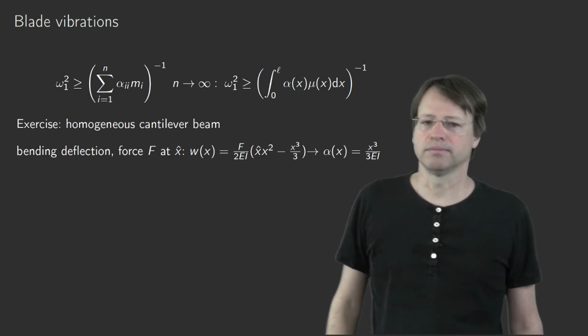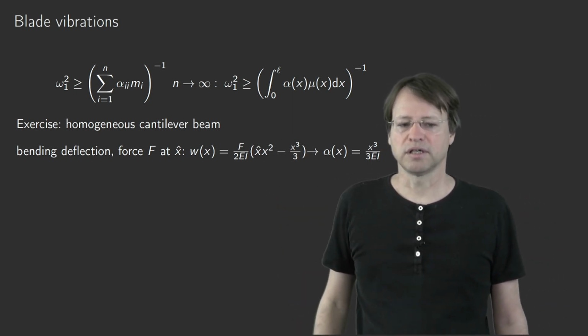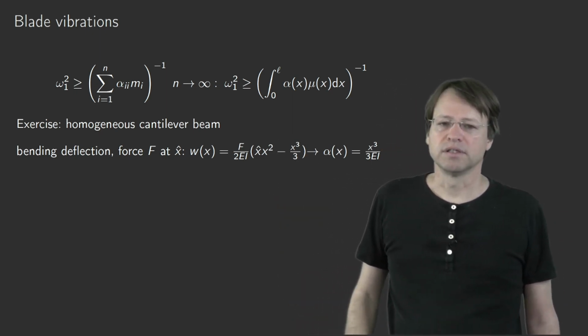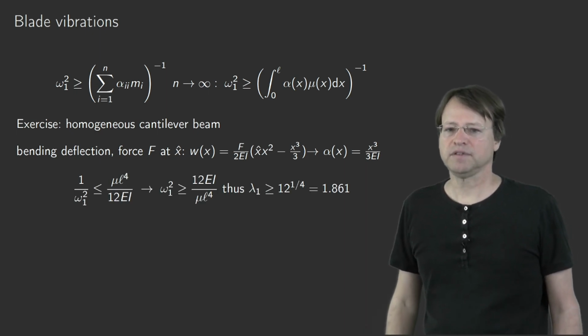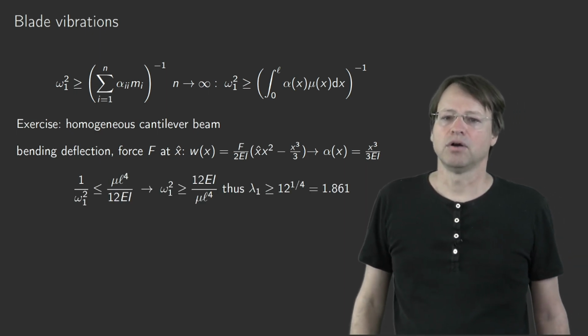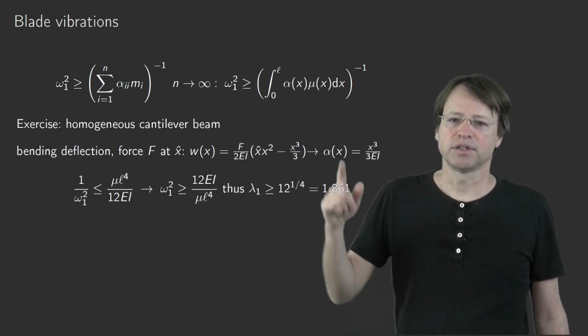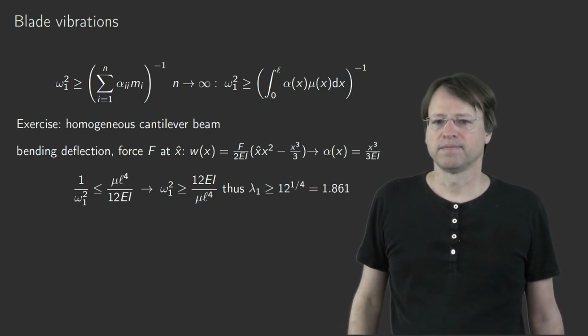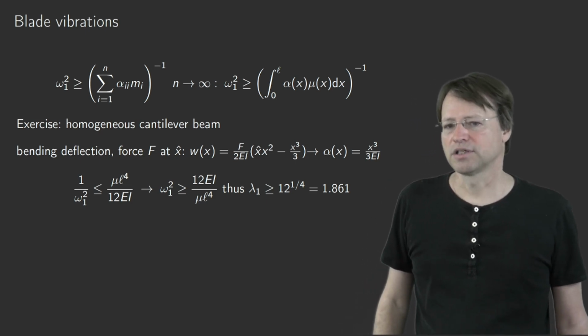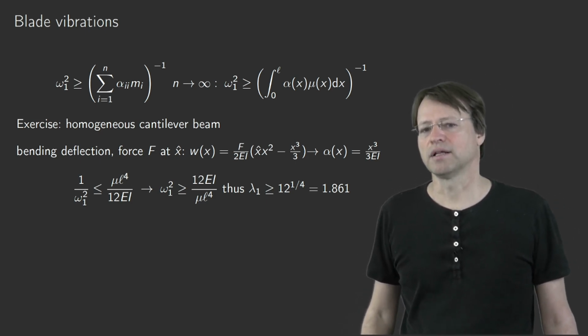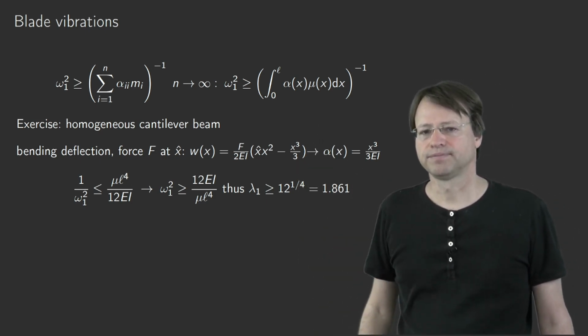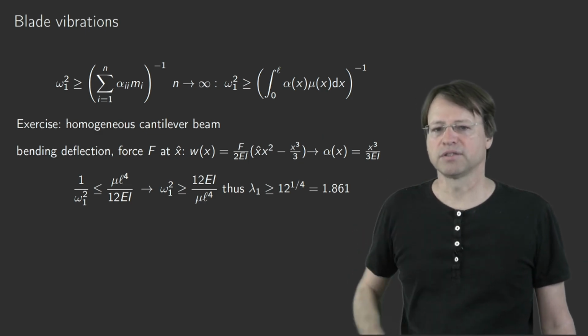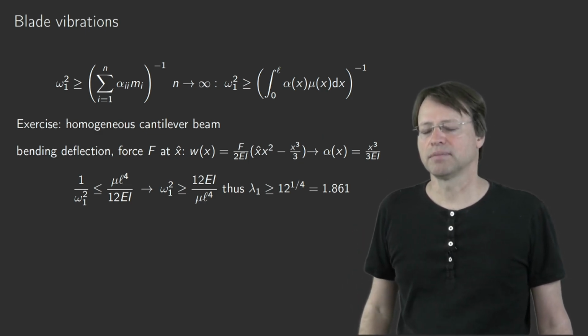And then you get your result here, your Dunkerley bound. So this is then the easy part. You have 1 divided by omega 1 squared, which is always larger than the integral from 0 to L of alpha x, with x cubed divided by 3.